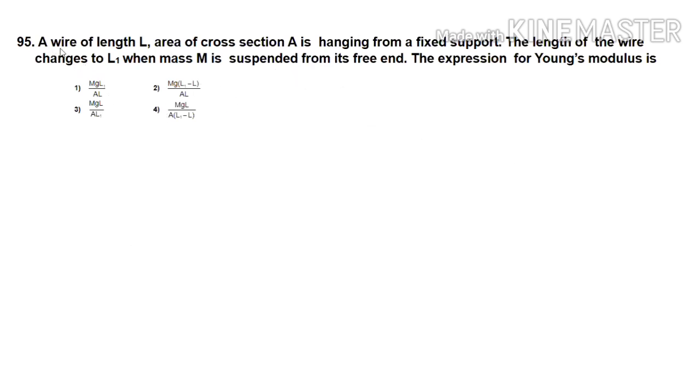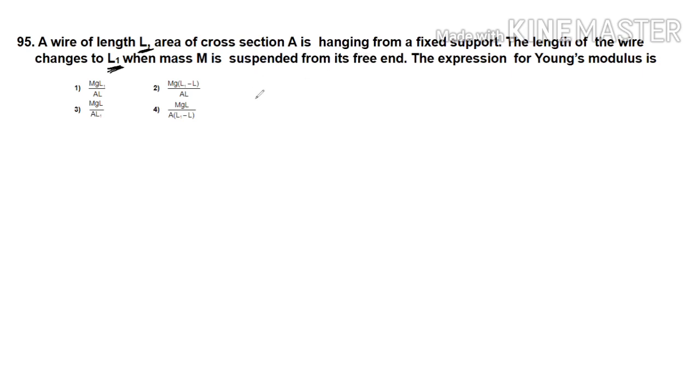Now see this question. A wire of length L and area of cross section A is hanging from a fixed support. The length of the wire changes to L1. The initial length is L; it changes to L1 when mass M is suspended from its free end.